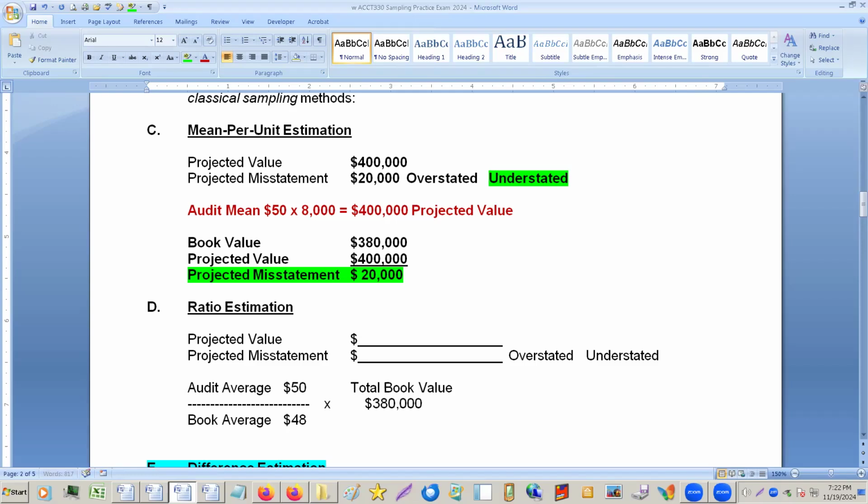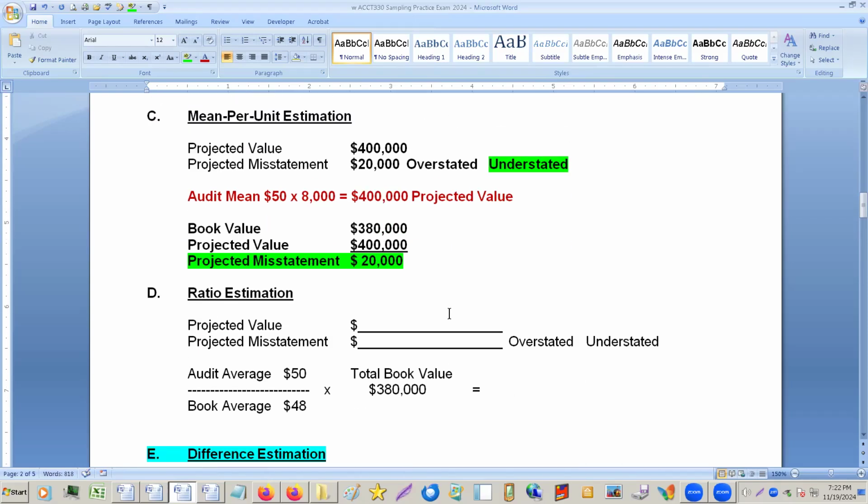And this will equal our projected value. $395,833.